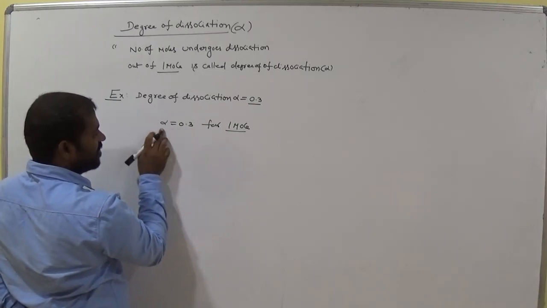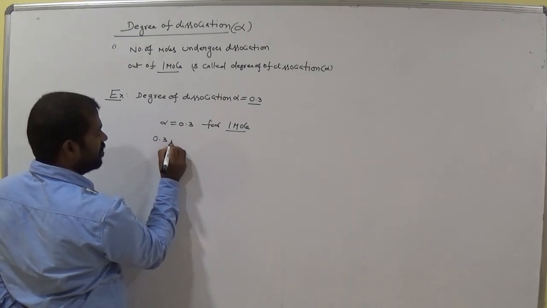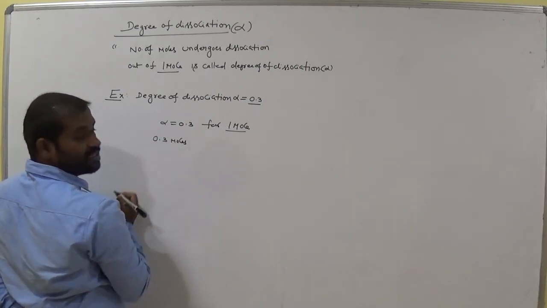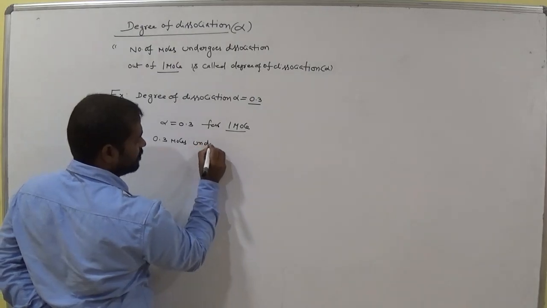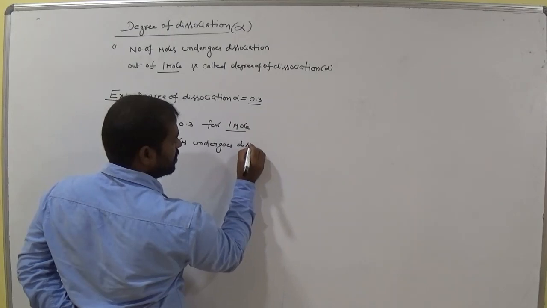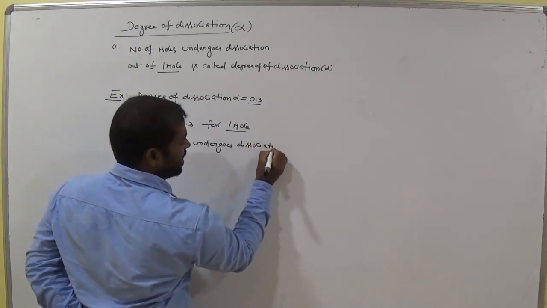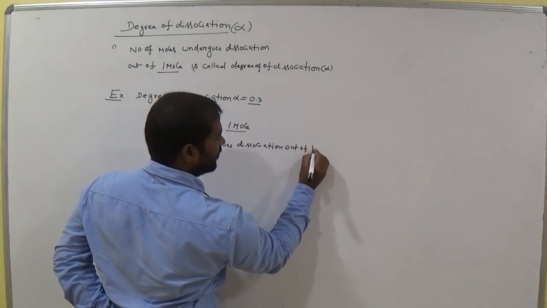So how many moles? Alpha equals 0.3 means 0.3 moles undergo dissociation out of 1 mole.